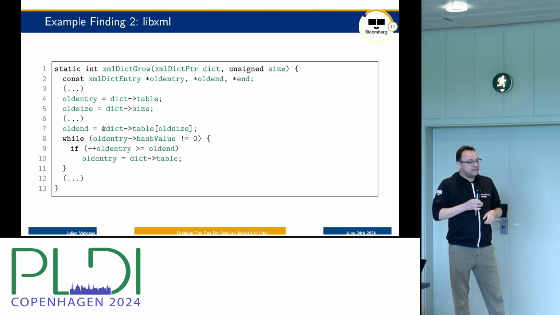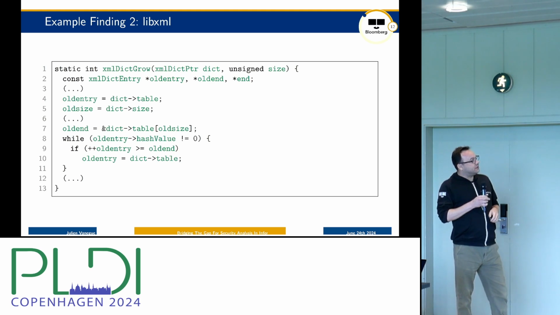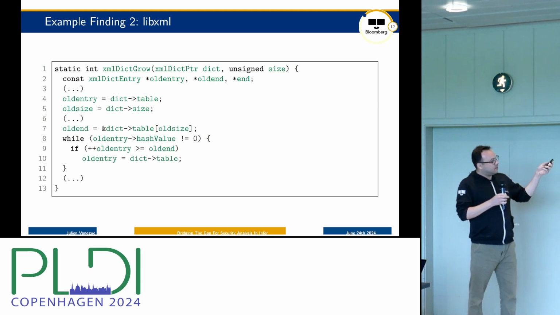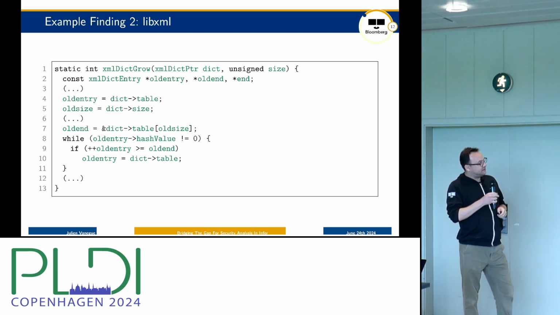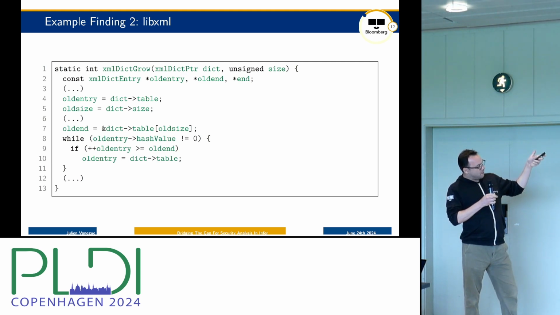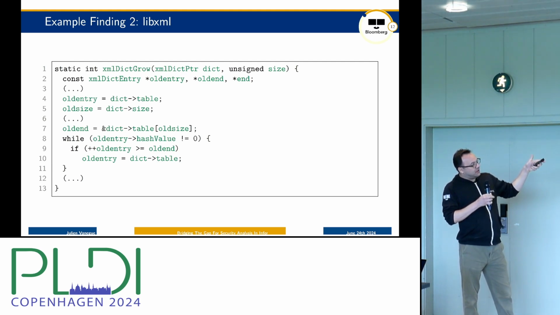Another example, in libxml, you have a dictionary. The old entry variables are initialized as such. As you can see, you have this old entry pointing to the beginning of the dictionary table, and then old end pointing at the end of that table. Well, you have this kind of bizarre condition on line 9.